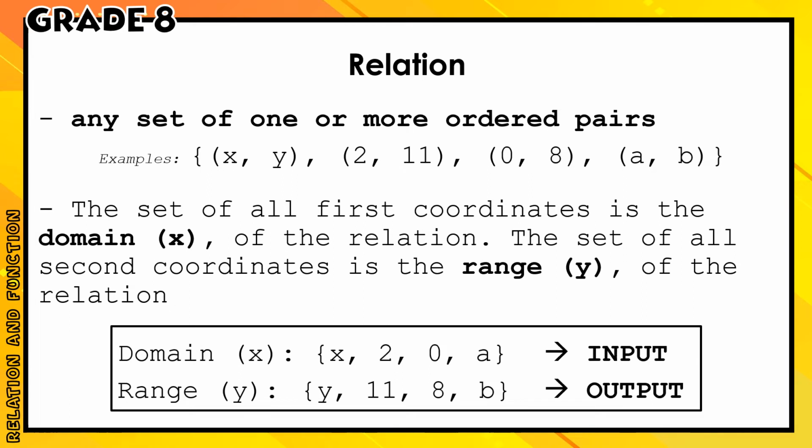So in our case, if we have a given (x, y), (2, 1), (0, 8), and (a, b), lahat ng una, ito yung x values, or this is called the domain. At the same time, this is our input. While yung mga second number, we have y, 1, 8, and b. Ito naman yung y values or the range, or also known as the output.